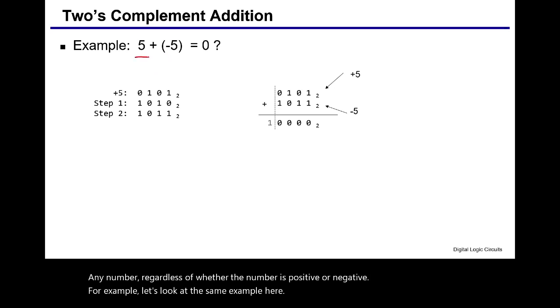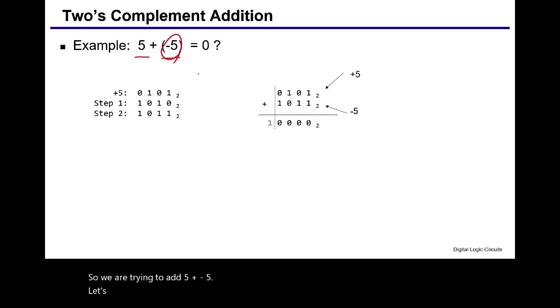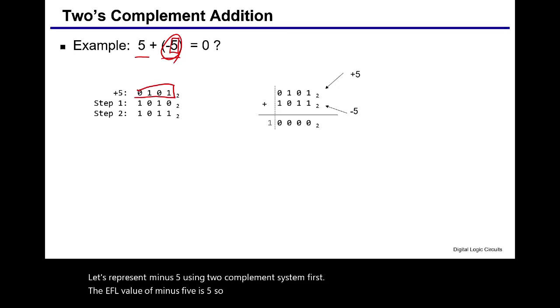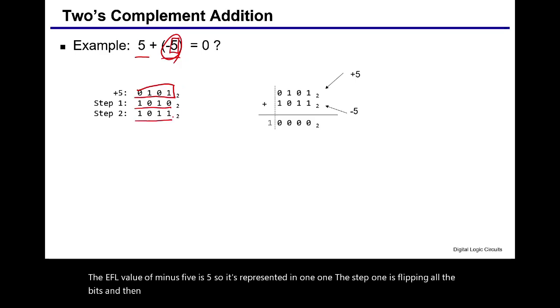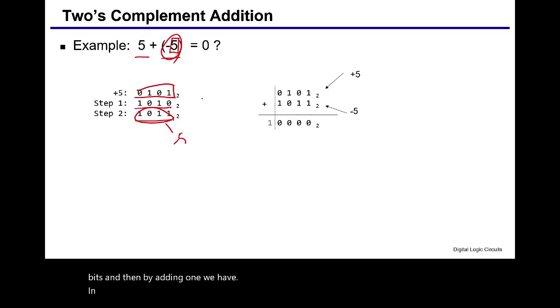We are trying to add 5 plus -5. Let's represent -5 using two's complement system first. The absolute value of -5 is 5, so it's represented as 0, 1, 0, 1.